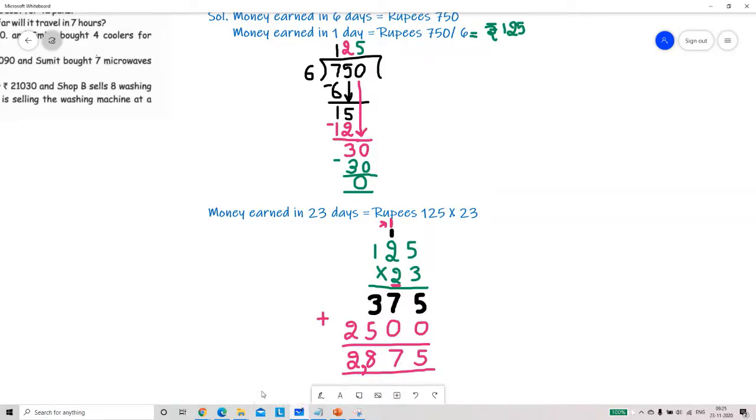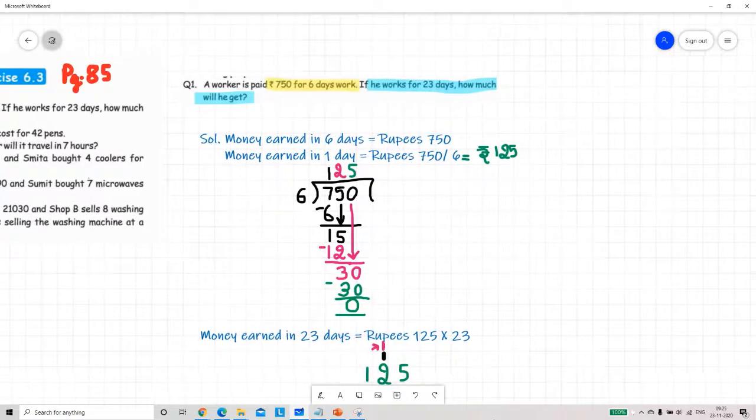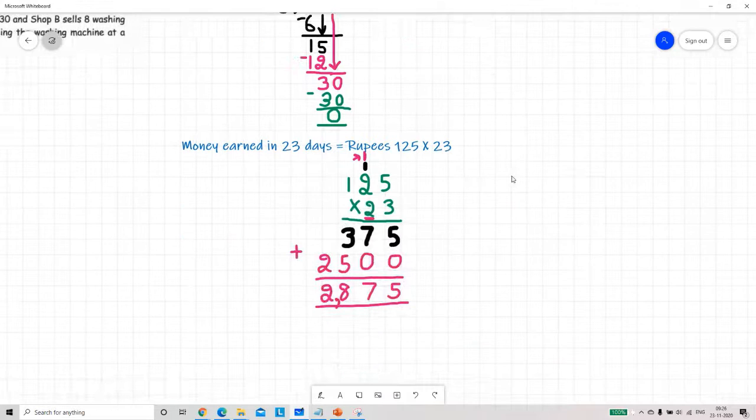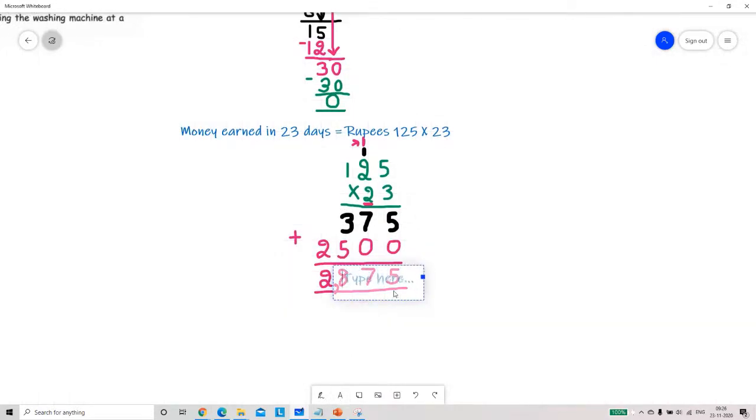So we are going to write the statement from here only. You can see it is here: if he works for 23 days, how much will he get? So if he works for 23 days, the worker will get this many rupees. Let's write it quickly.